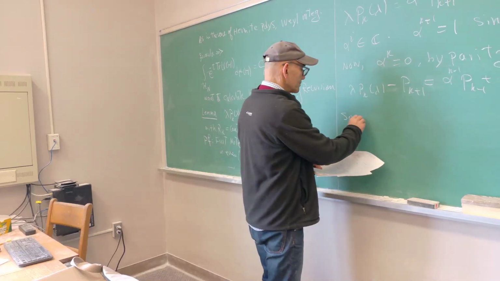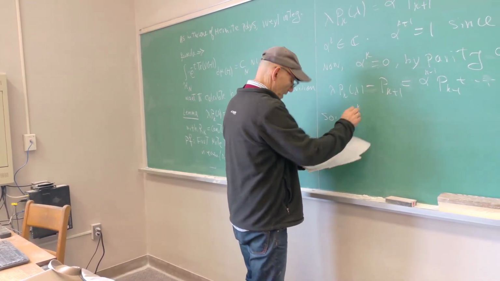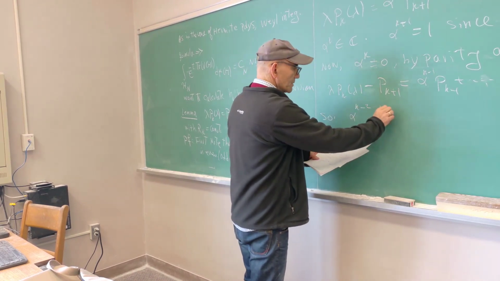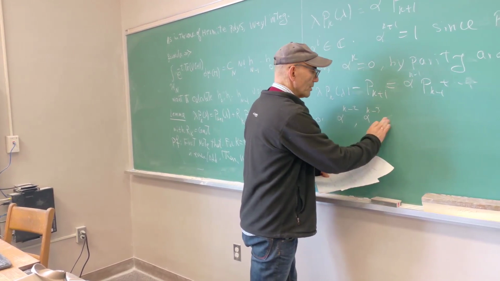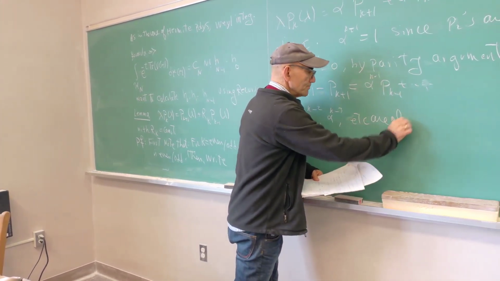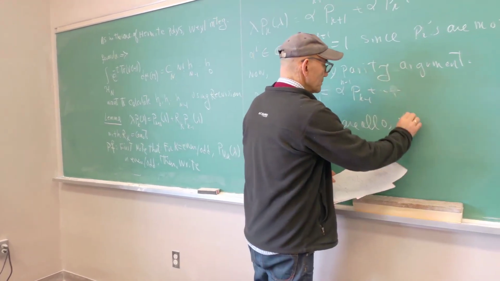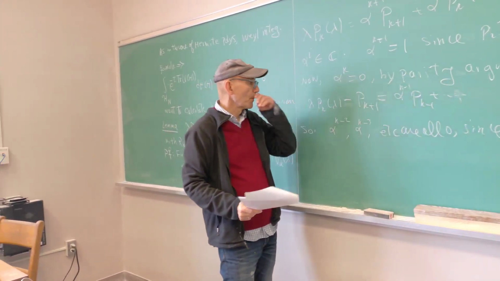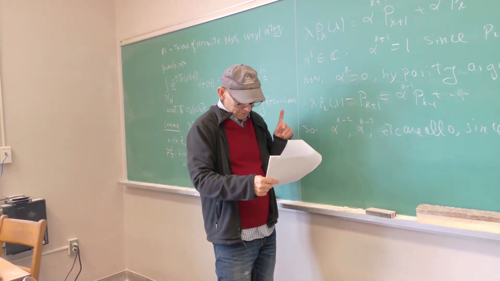Now, alpha k minus 2, alpha k minus 3, etc., lower orders, are all 0. So what is the argument?